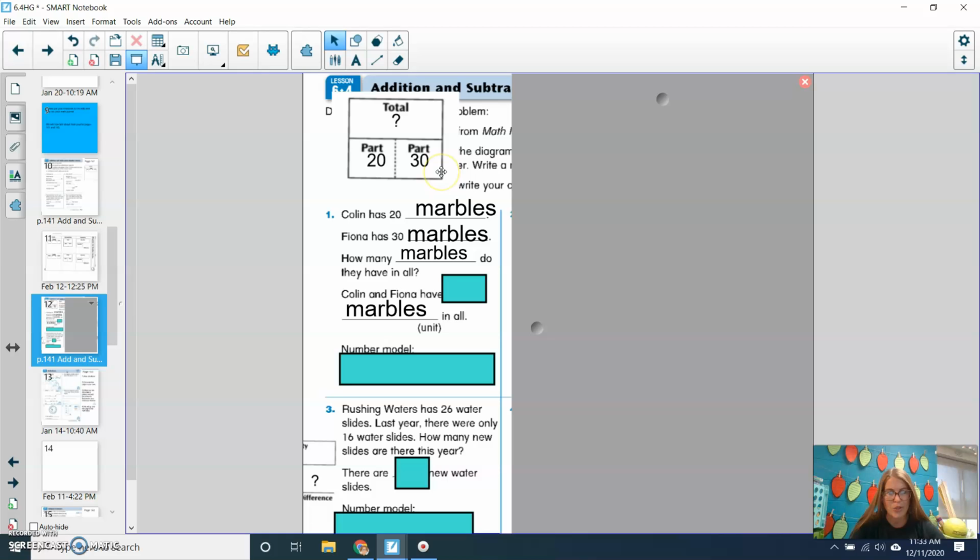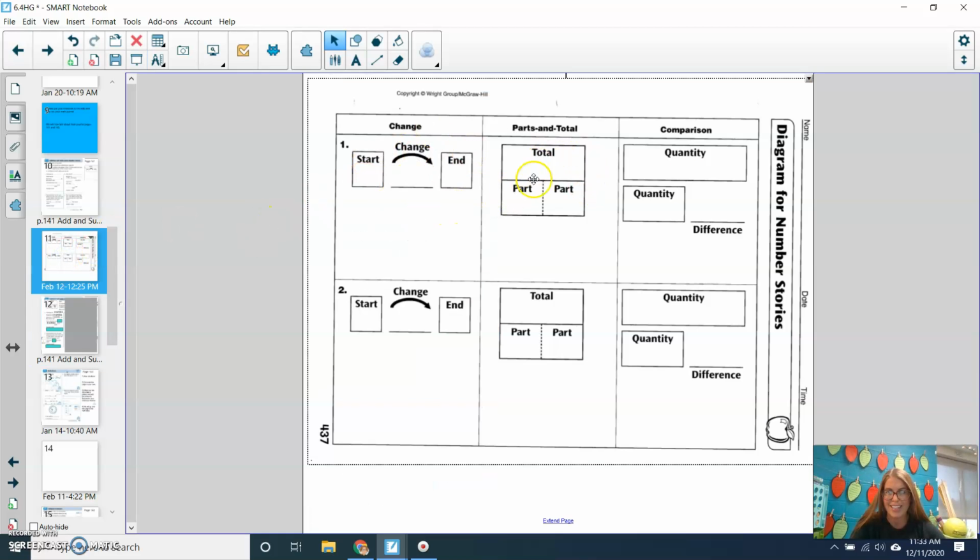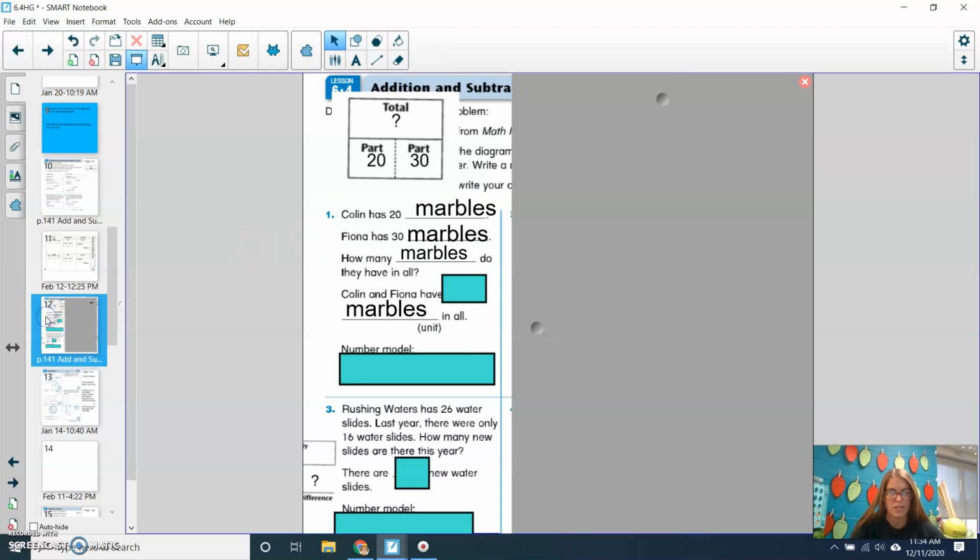Could you write down those numbers on your MathMaster page that looks like this? So you could write it right in there. And then when we're solving, we want to figure out Colin and Fiona have how many marbles in all. I'm going to use that number model, 20 plus 30 equals, and you should say 50. So Colin and Fiona have 50 marbles in all.